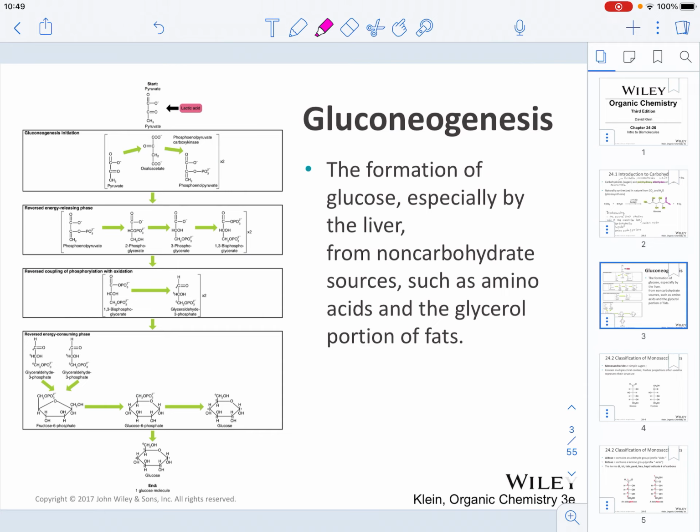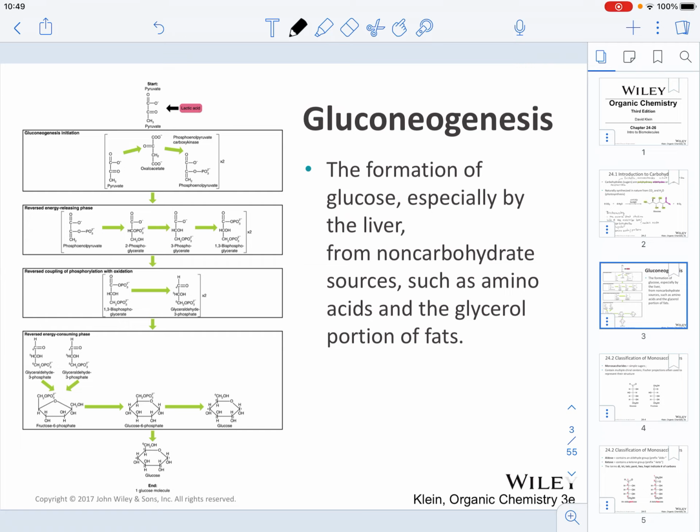Now, understand that when it comes to us as humans, we cannot utilize CO2, water, and sunlight as an energy resource to synthesize glucose. Now, we have the ability of synthesizing glucose, but it's going to be more specialized.